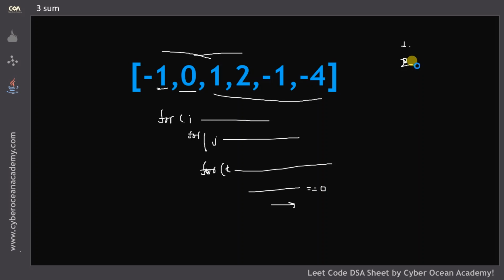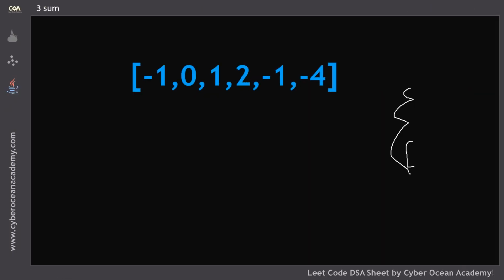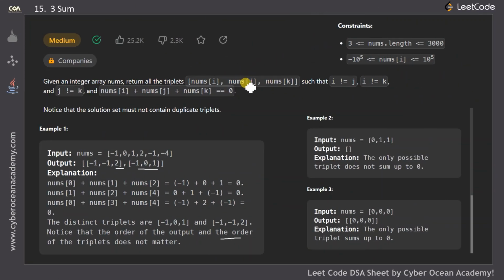So you can see in this problem statement, it is saying that the sum of the triplets must be 0. Another part is that it must not contain any duplicate triplets.